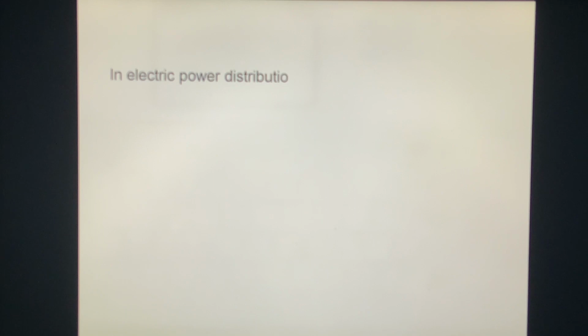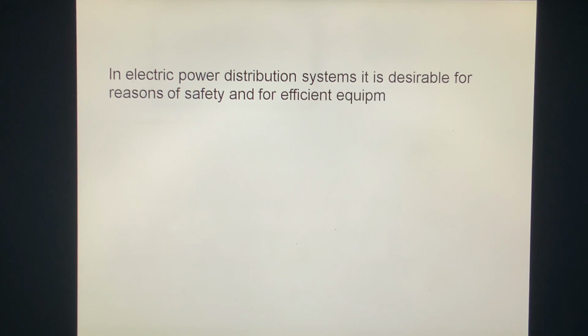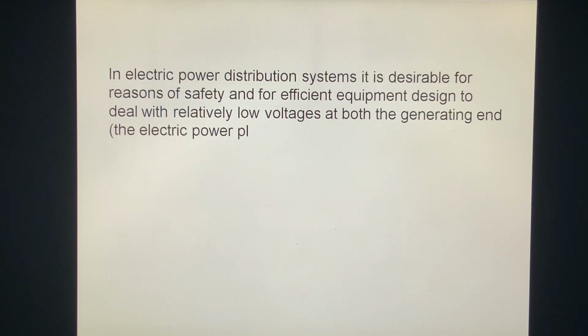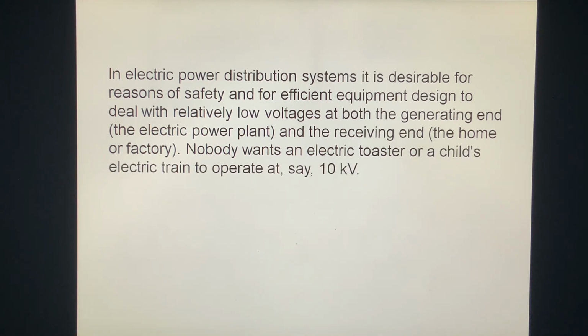In an electric power distribution system, it is desirable for reasons of safety and for efficient equipment design to deal with relatively low voltages at both the generating end, the electric power plant, and the receiving end, the home or factory. Nobody wants an electric toaster or a child's electric train to operate at, say, 10 kilovolts.